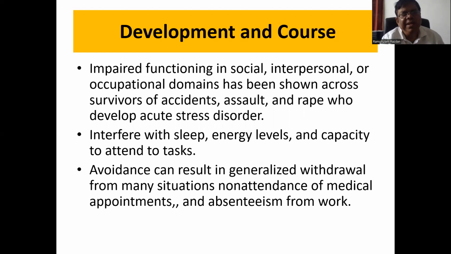Development and course. Impaired functioning in social, interpersonal, occupational domains has been shown across survivors. Accidents and rape result in acute distress. Interference with sleep, energy level, and capacity to attend to tasks is the second important factor.